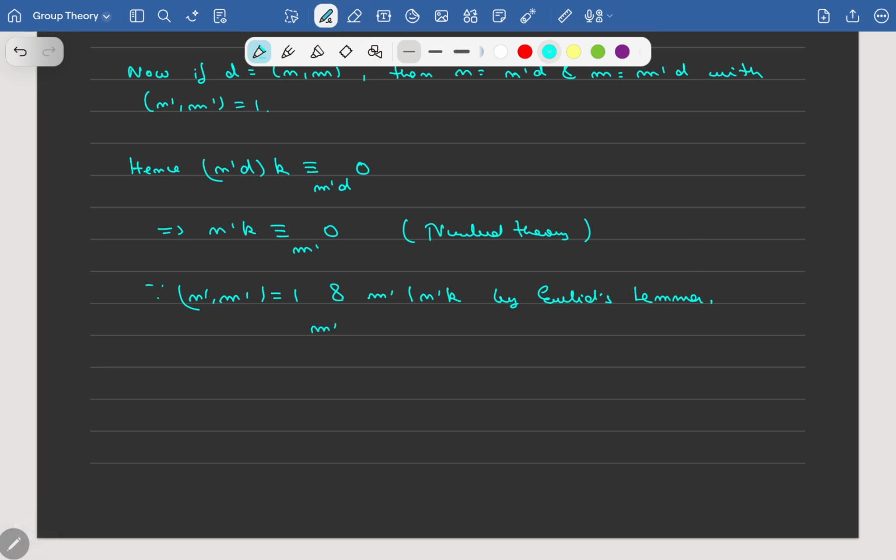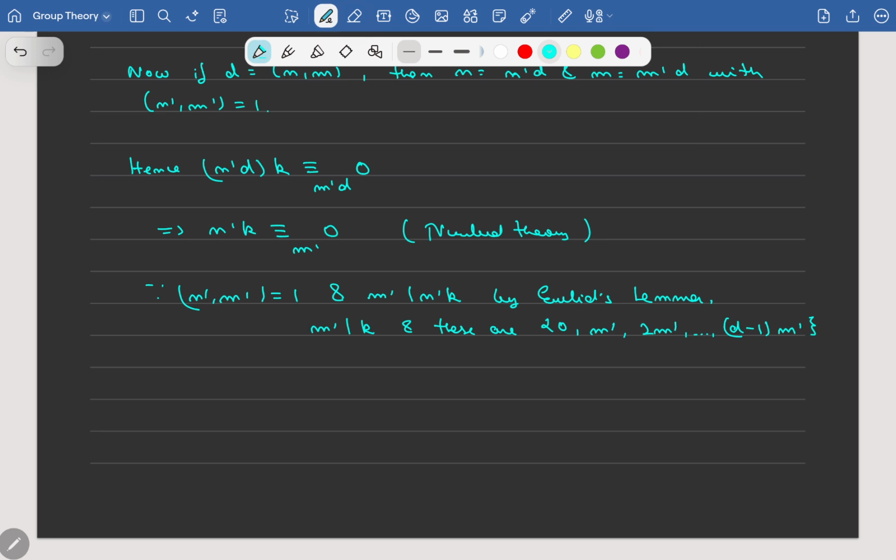I have m prime dividing k. Getting my point? So therefore I need to find all those values which are divisible by m prime, and these are just 0, m prime, 2 m prime till d minus 1 times m prime.